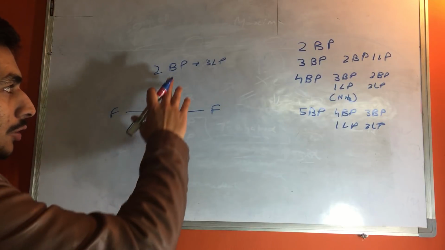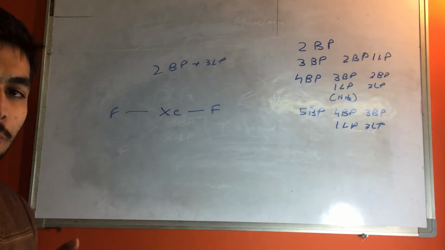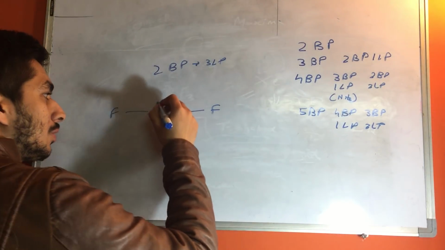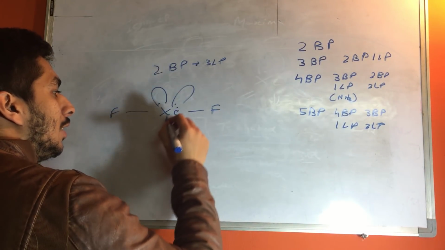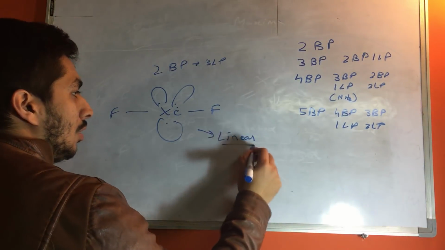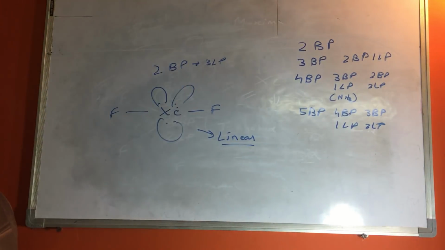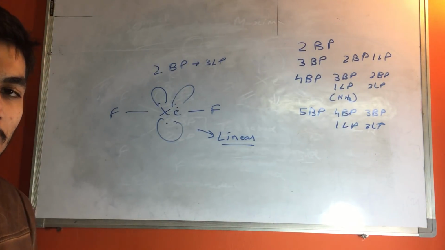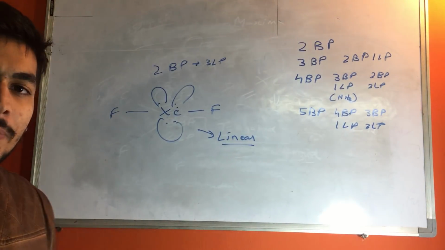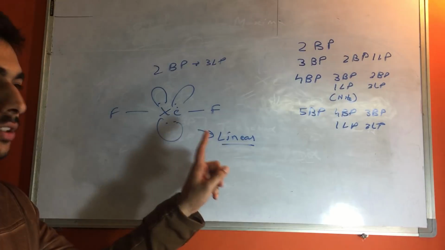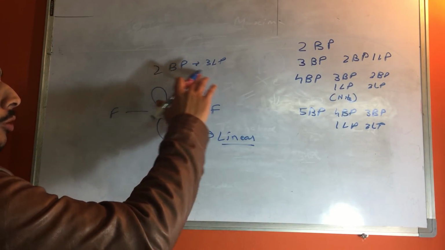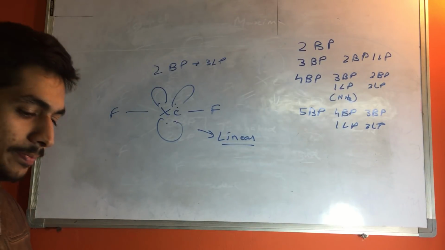So the geometry is trigonal bipyramidal, but the shape for such compounds is linear. Here the molecular geometry is trigonal bipyramidal for XeF2, but the shape is linear. So any compound with 2 bond pairs and 3 lone pairs will have a linear shape.